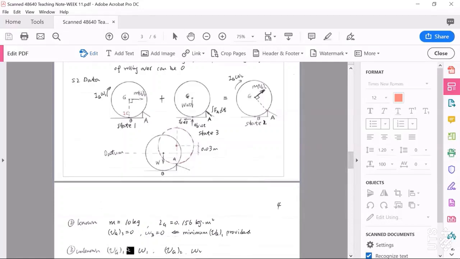We don't know Vg1, omega 1, or Vg2, omega 2. But Vg1 and omega 1 can be related to each other, and Vg2 and omega 2 should be able to be related to each other using kinematics.